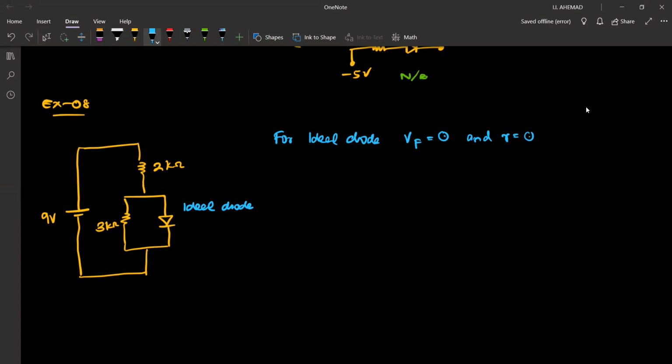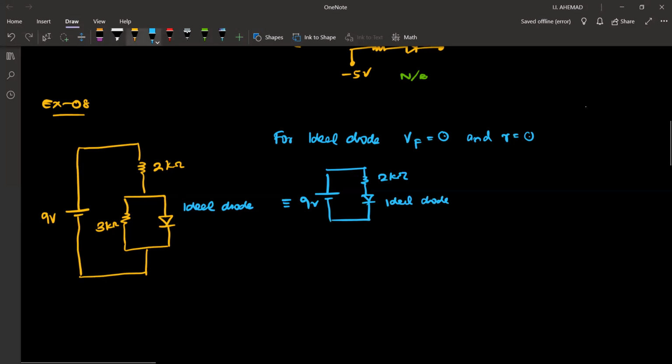Okay, so the equivalent circuit is 9 volt and 2 kilo ohm resistor. You can do like this. 9 volt with this 2 kilo ohm resistor and this ideal diode.